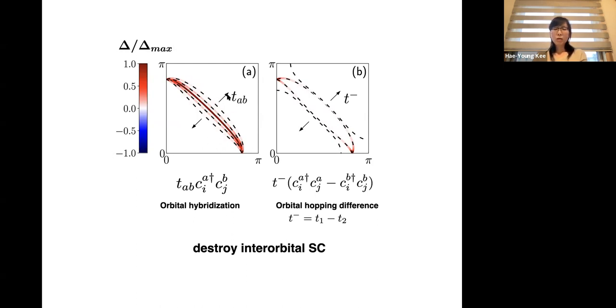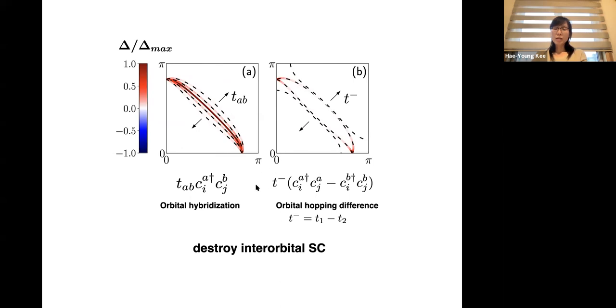And you can see that when TAB grows, the degeneracy of the band is going to split, except at this point, because sine kx, sine ky along this point is basically 0. So as TAB grows, notice that this color is going to diminish. That means this orbital hybridization is going to destroy this type of interorbital superconductivity.